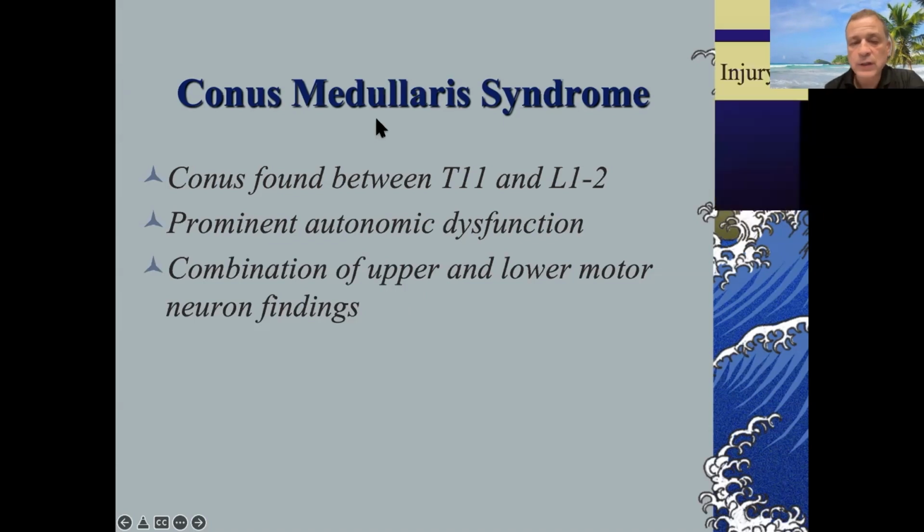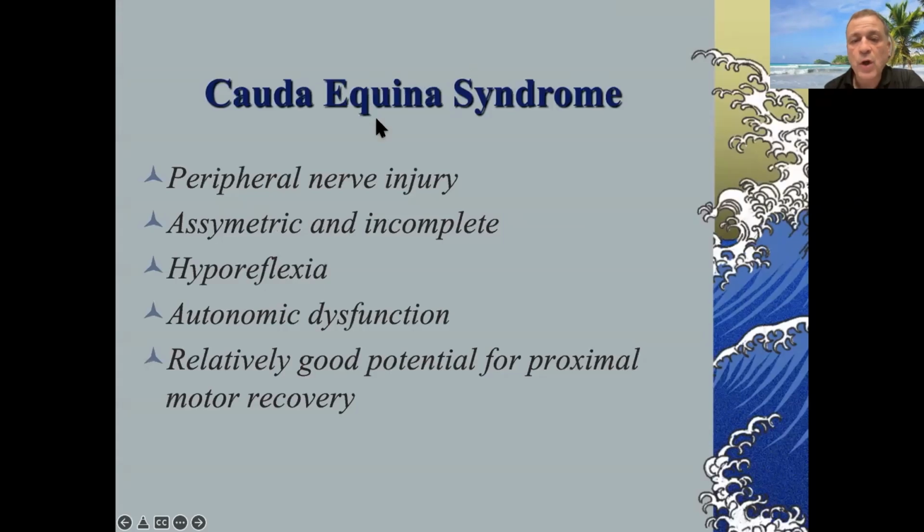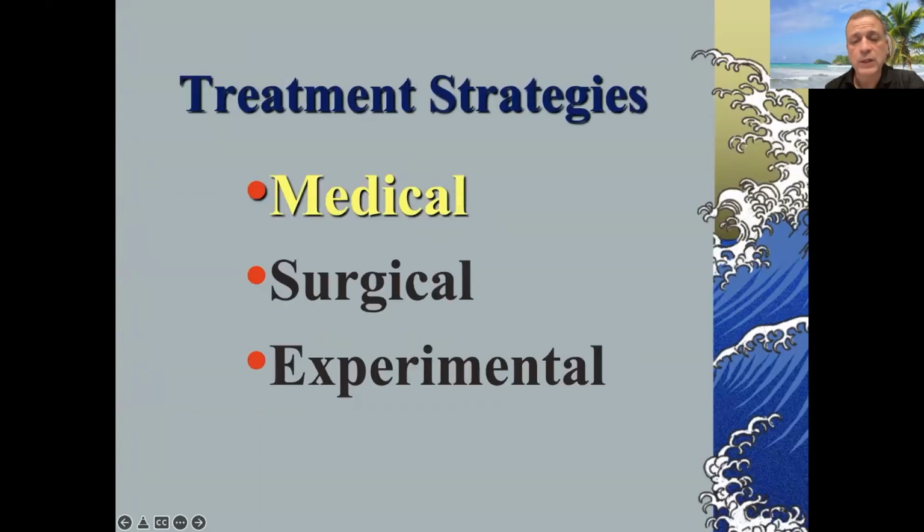That's a conus syndrome, as opposed to a cauda equina syndrome, which is typically below L1, L2, and it's a pure peripheral nerve injury, so no hyperreflexia, only hyporeflexia, tends to be asymmetric, tends to have prominent autonomic dysfunction, and has a slightly better potential for recovery than a conus syndrome.